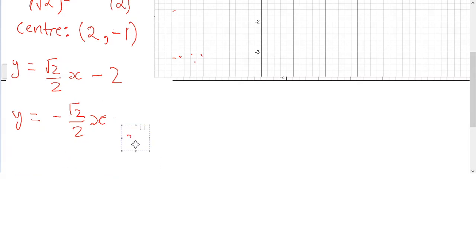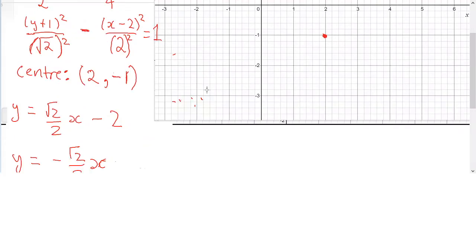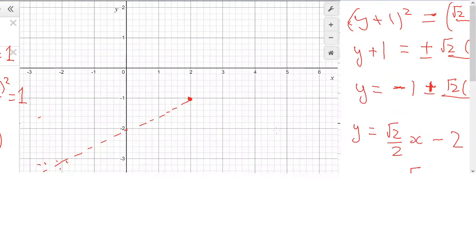Just clearing this all away. So we know that the asymptote is going to go through the center point. This equation has a gradient of about 0.7, so about a gradient of 1, and it goes through minus 2, so drawing in our asymptote is going to look something like this, and up there.